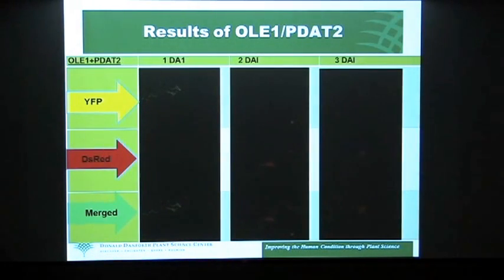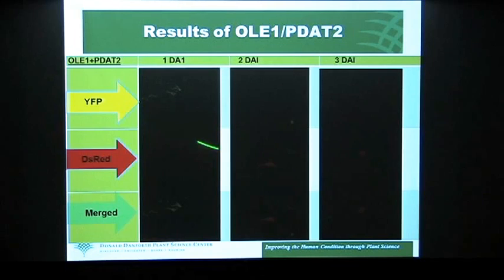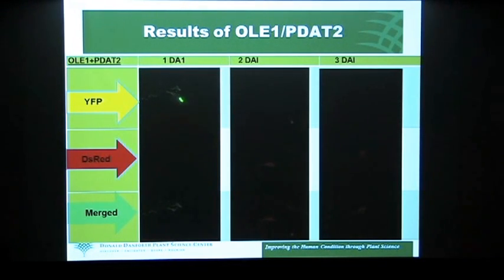So the results for OLE1 and PDAT2: the first day, if you can remember from the chart, the intensity of the interaction had one asterisk. So we identified that maybe an interaction has taken place.